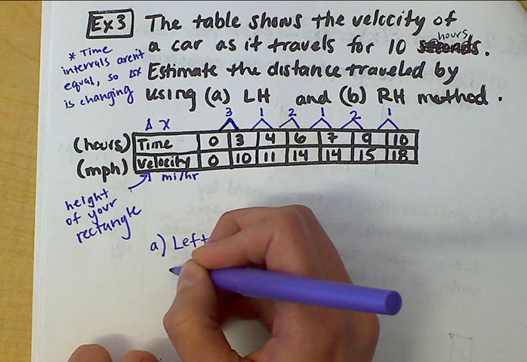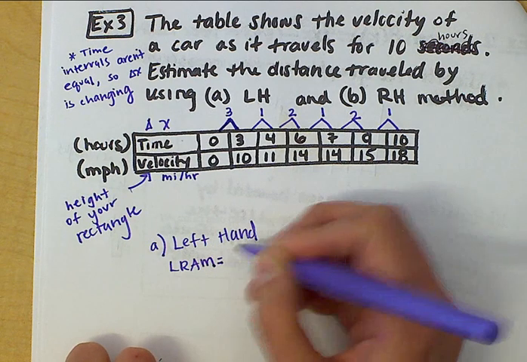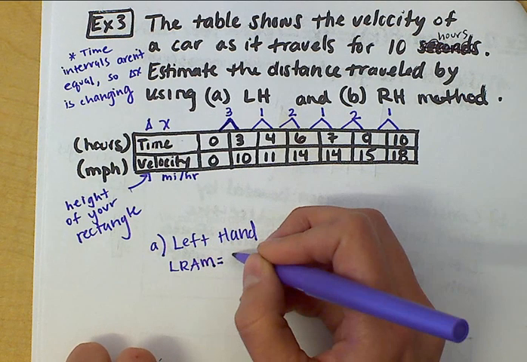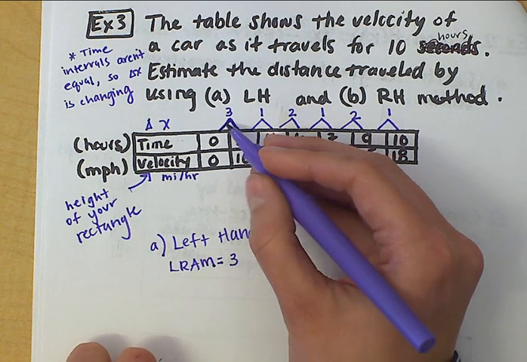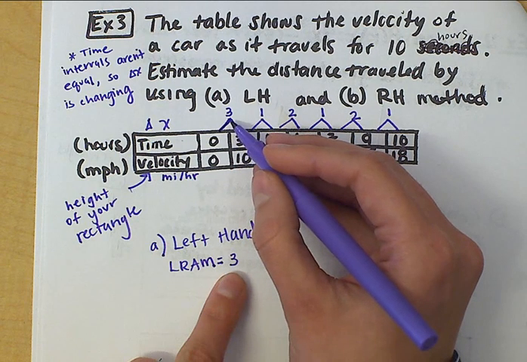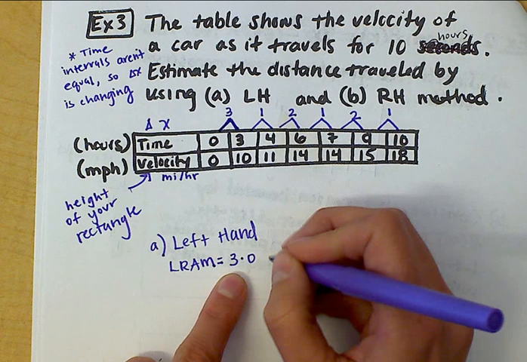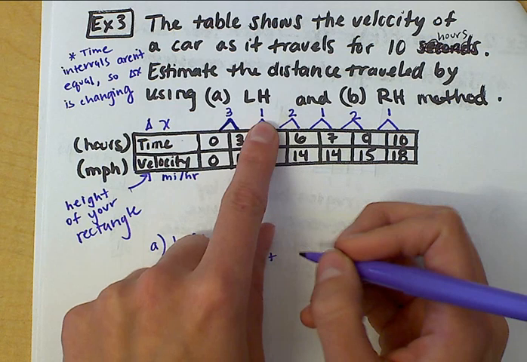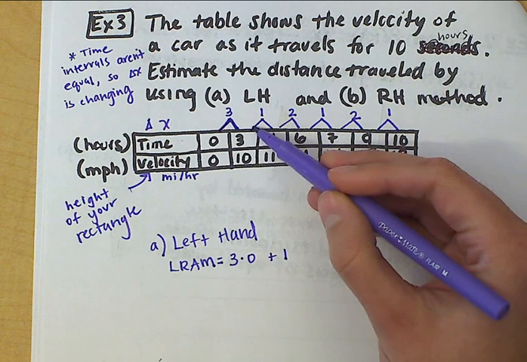So my LRAM, remember, it equals the change in x times the height. So for the first rectangle, the change in x is 3, and then the height is 0. For my second rectangle, the change in x is 1, and then my height is 10.